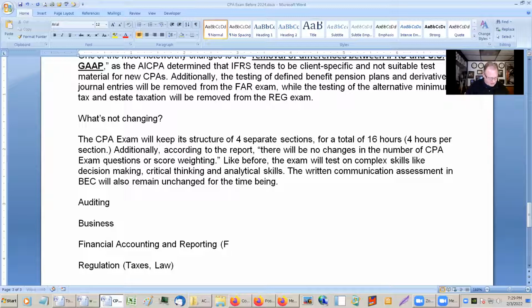This is usually the hardest one. Business environment and concepts is usually the easiest.